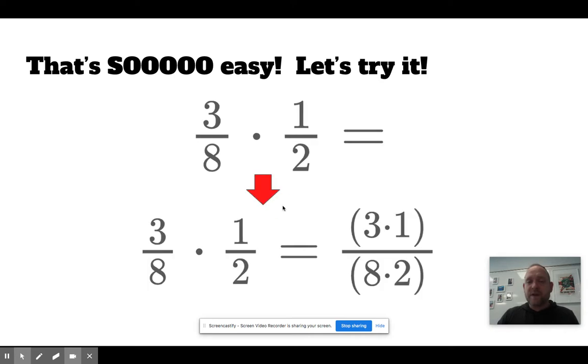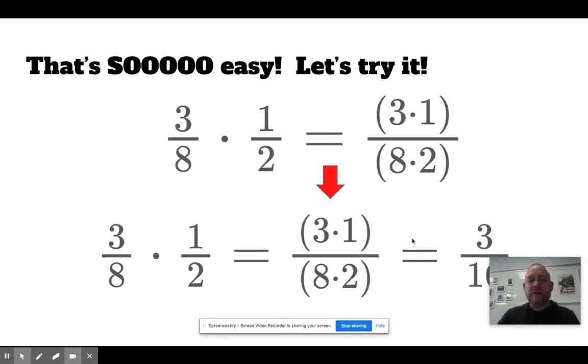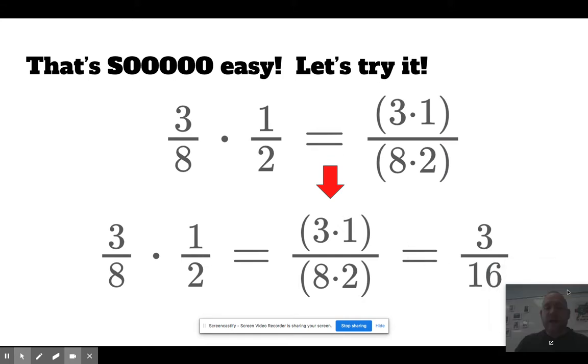All right. Got 3 times 1 and 8 times 2. If you rewrite it out, this is how you would write it. And here we go. I've got 3 times 1, which is 3, and 8 times 2, which is 16. We have the number 3/16. Easy breezy. That's all there is to it today, guys and gals.